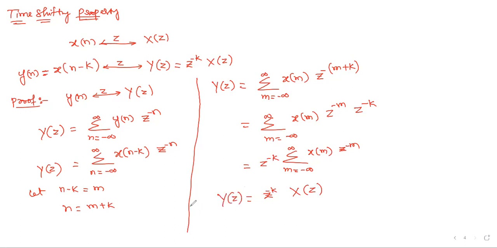Now what is the ROC here? Whatever the ROC may be, because we are shifting the signal, we are not changing its shape. Whatever the original signal is, we get the same signal if we shift it. The only thing is you are shifting by some integer value, so you are not changing the shape.